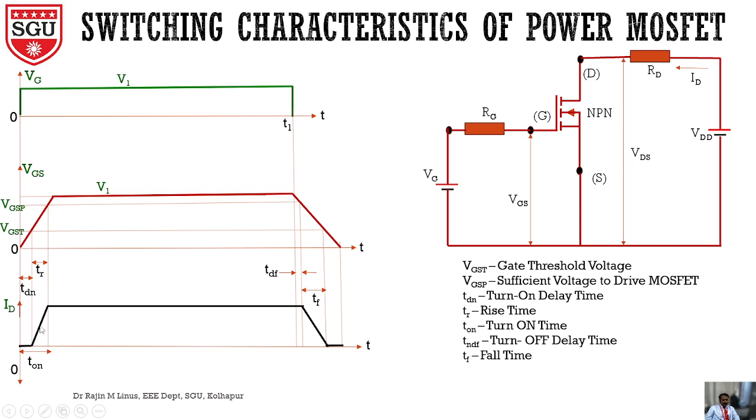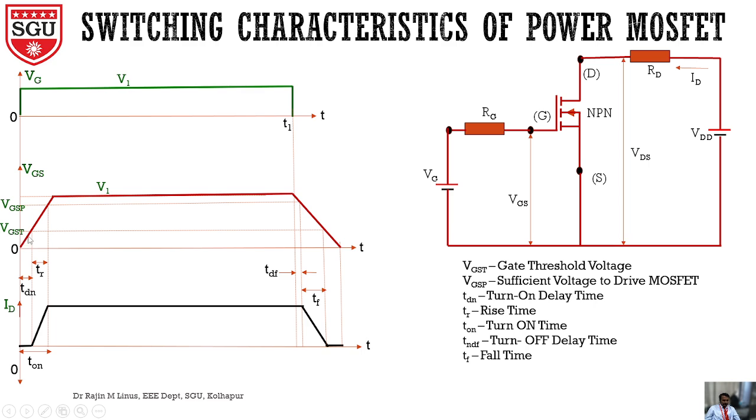Then if we apply VG further, the gate source voltage will reach VGSP. VGSP is nothing but the sufficient gate to source voltage required to drive the MOSFET.